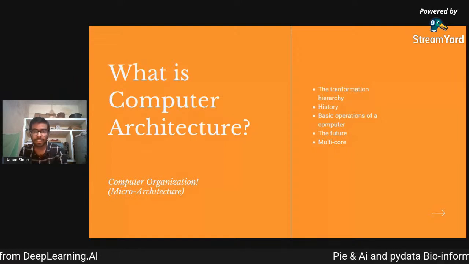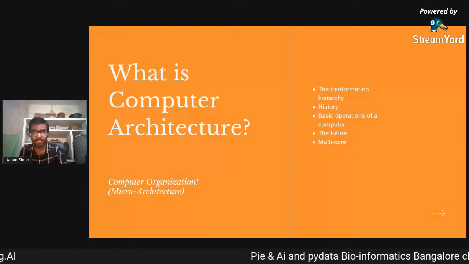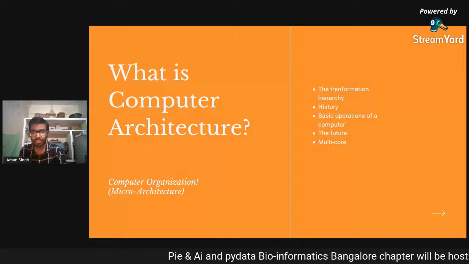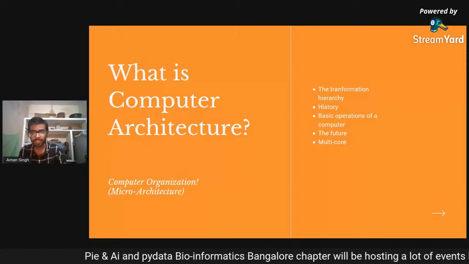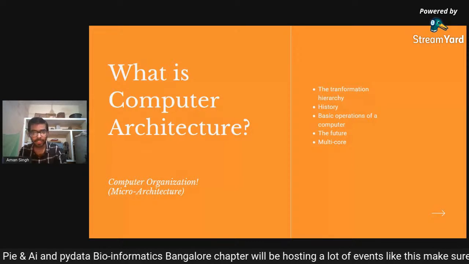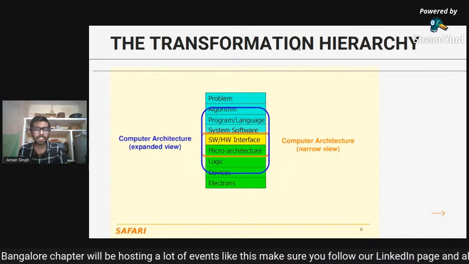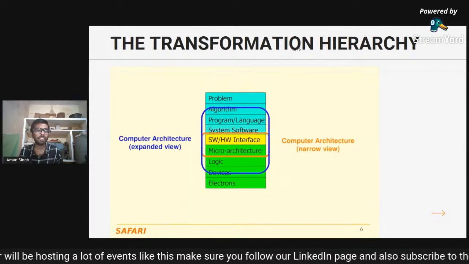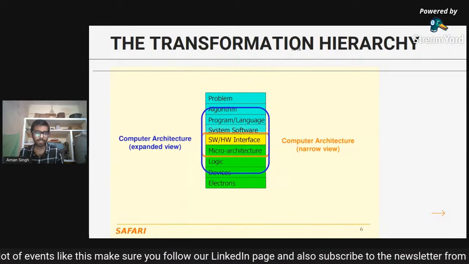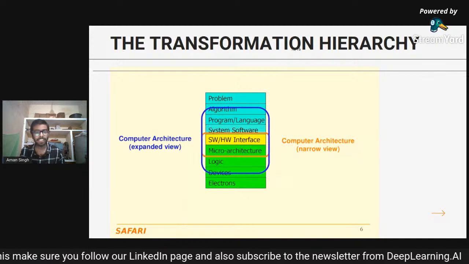We'll cover the transformation hierarchy, history, basic operation of a computer, the future that computer architecture holds, and multi-core systems. Now, the transformation hierarchy. There is a problem, and you design an algorithm for it.